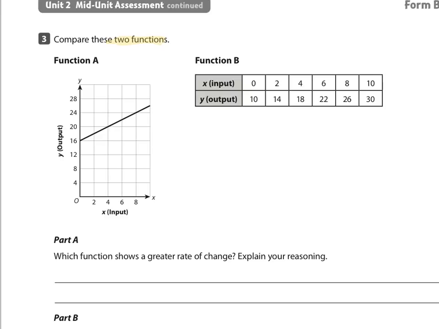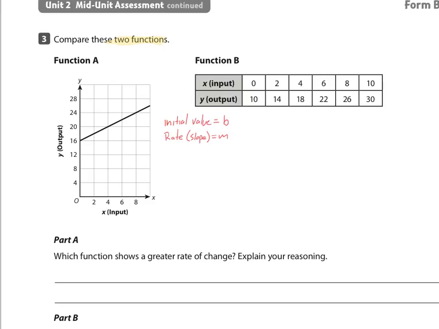We're going to be looking for what we call the initial value, which is our b, our letter b, and then we also need our rate of change or our slope. So rate, I'm also going to put slope, and that's going to be our letter m. So we need to compare those two.